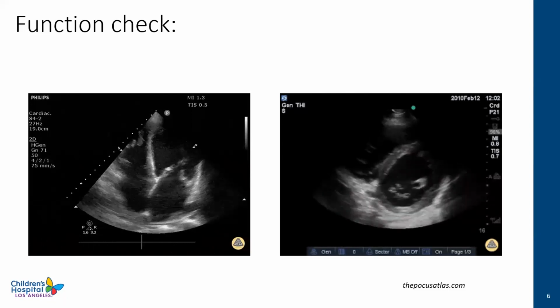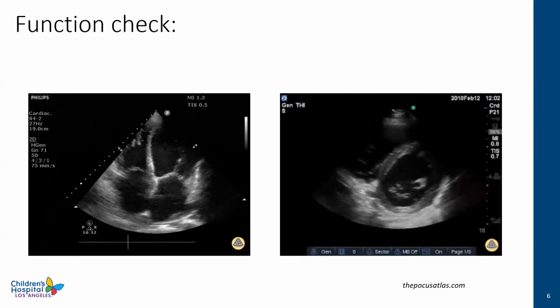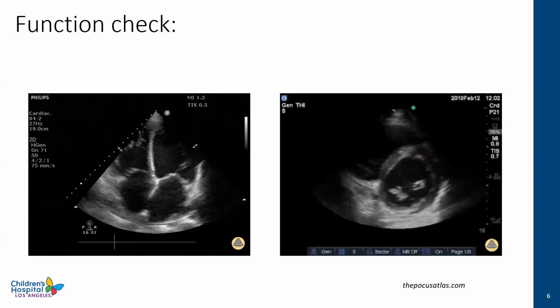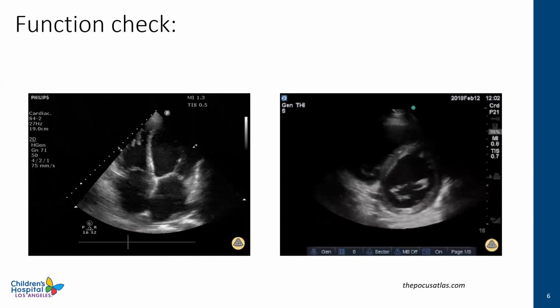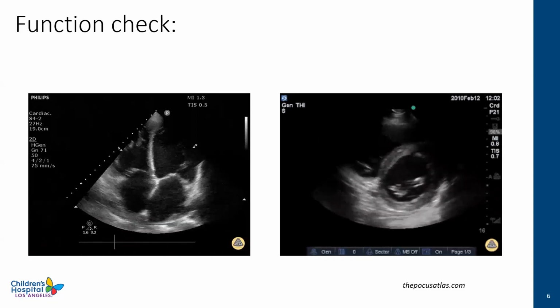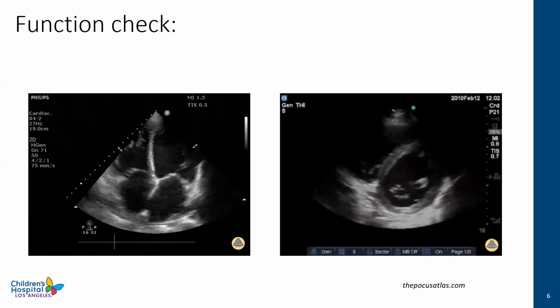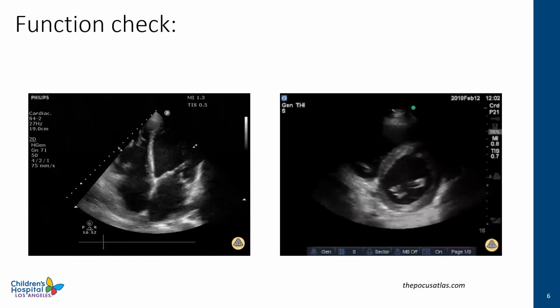And so this also relies on the skill of the interpreter. And so quantitative measures, we can use ejection fractions and things like that to more accurately determine what the function is. And then I would say that another study, one large study on cardiac POCUS, was looking at misdiagnoses, and kind of borderline systolic dysfunction was one of those named.